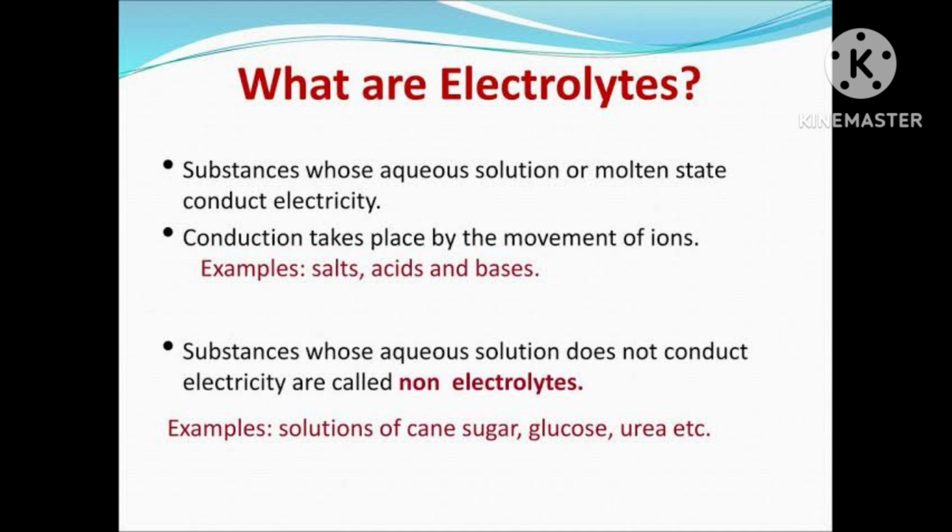Remember this value for the conductivity of pure water.